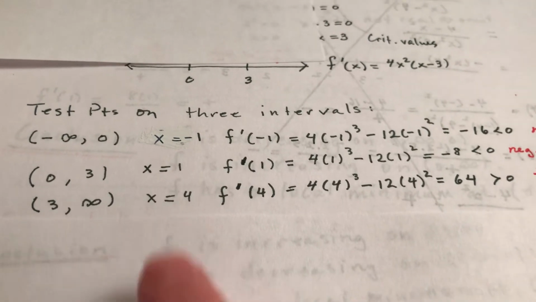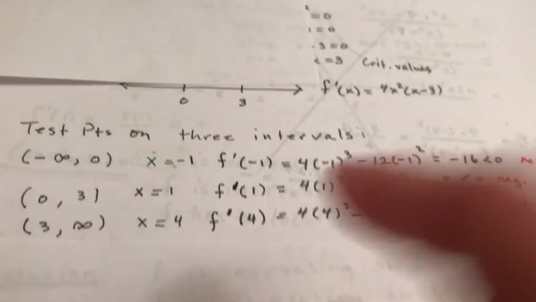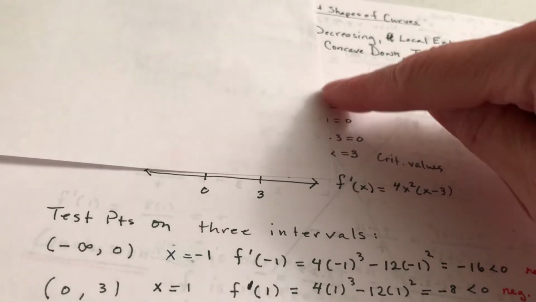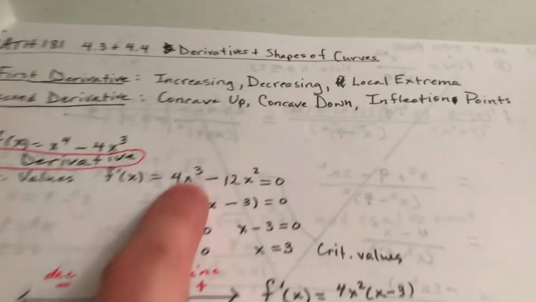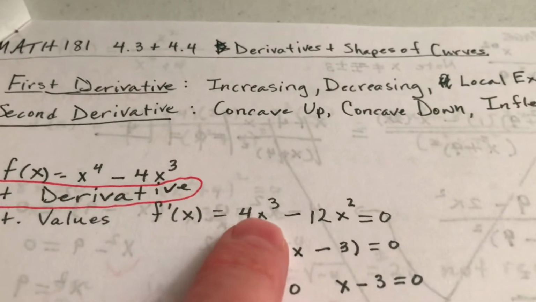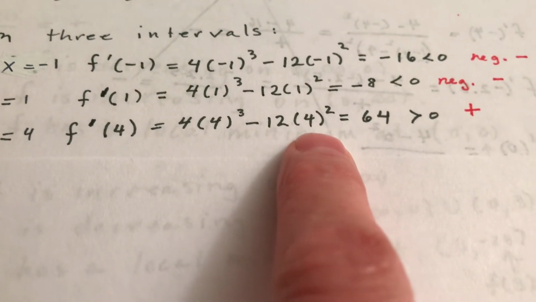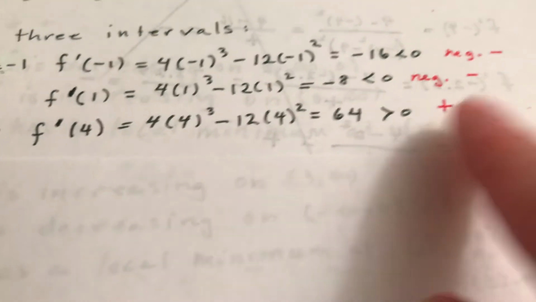Yep. So f prime of 4. And I'm putting it into this derivative up here when we took the derivative, 4x cubed minus 12x squared. So you'll see that's what I'm plugging in. I got 64, and that's positive. So I'm getting negative, negative, positive, and that's what I put on here.